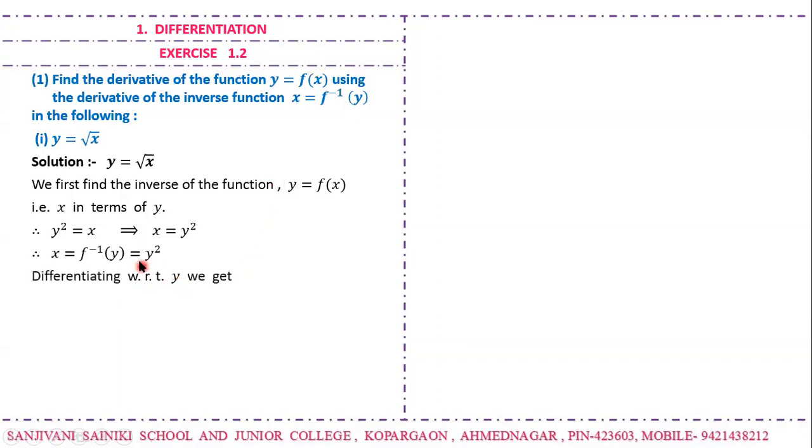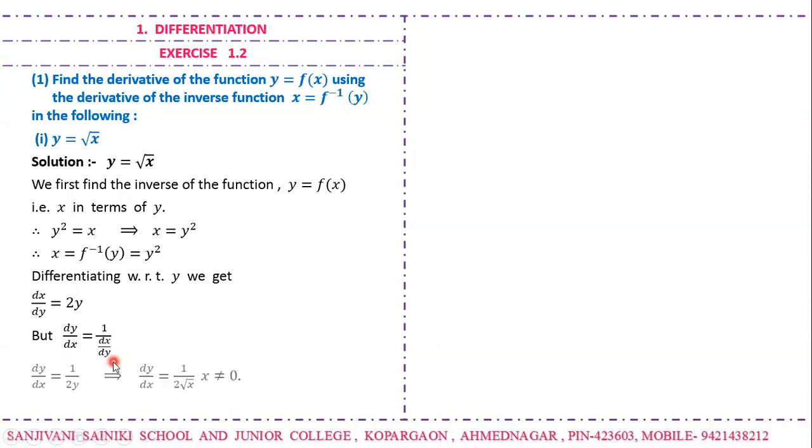Now differentiate this function with respect to y. Then we get dx upon dy is equal to the derivative of y square with respect to y, so it is 2y. But we have studied one theorem: dy by dx is equal to 1 upon dx by dy, or dx by dy is equal to 1 upon dy by dx.